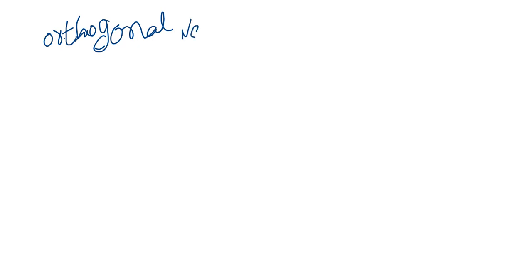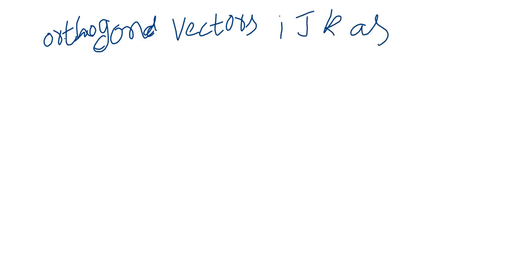Orthogonal vectors. We call I, J, K as orthogonal vectors.